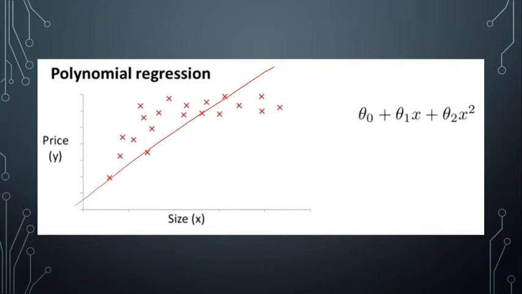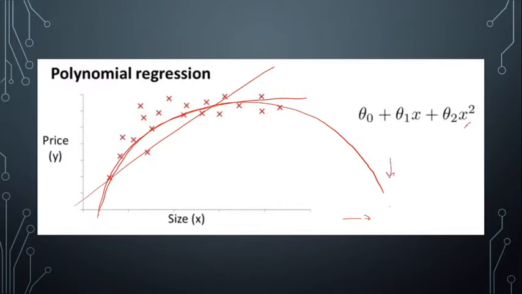So I'm going to take another approach and make the graph like this. This can be of the quadratic form, and it might go down after this. But you don't want your graph to go down as the size is increasing. The prices won't decrease as the size increases.